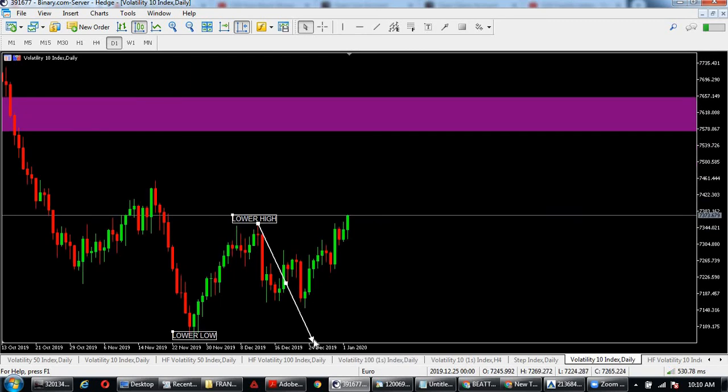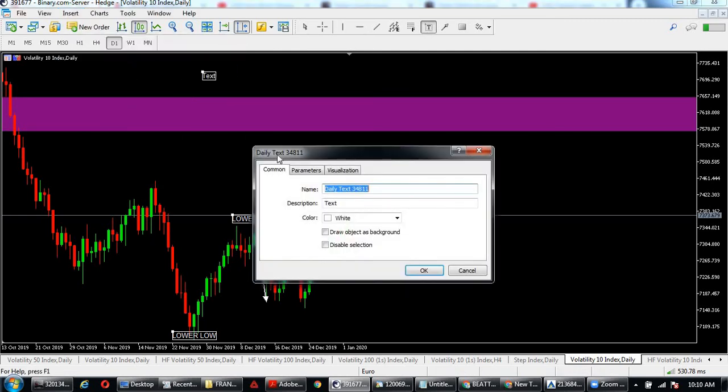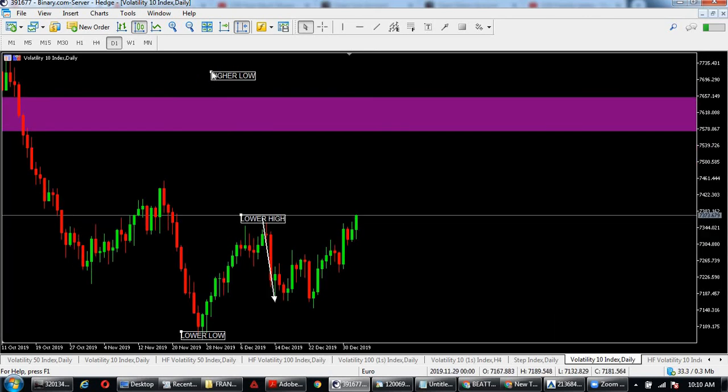Price came and then made a low that's not as low as the previous low. So price came and made a higher low.